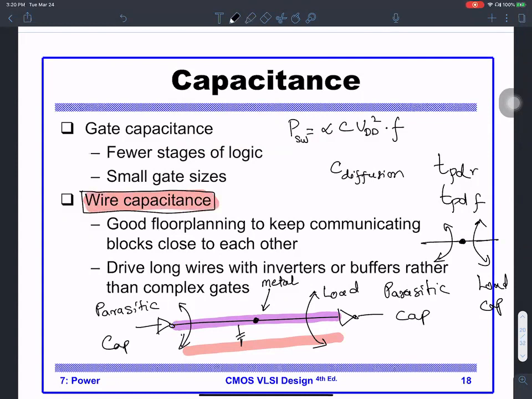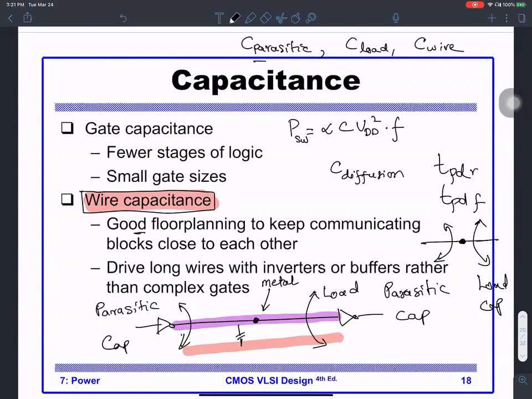There are mechanisms to reduce the wire capacitance by using good floor planning and keeping communicating blocks close together. So there are techniques to reduce that as well. It is enough for us to realize that there is a parasitic, or self-loading, capacitance, and there is the C load plus the C wire.